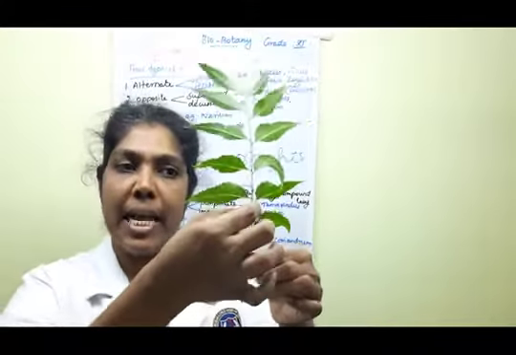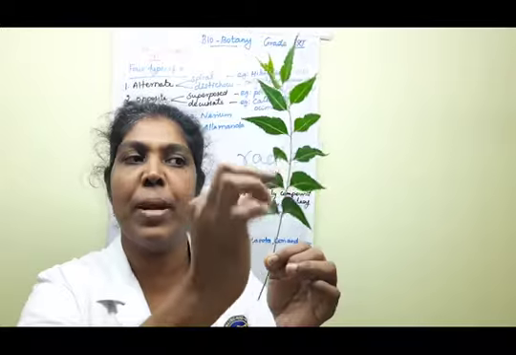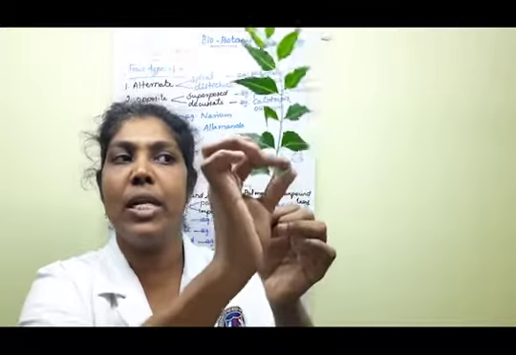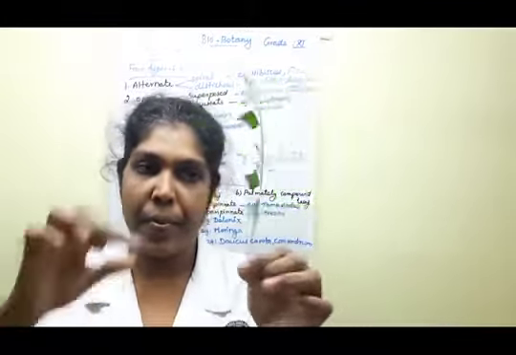Then some leaflets are present. These are small leaf lamina or leaf blade regions forming, and each individual segment is known as a leaflet. Understood? Say yes or no? Only one rachis with many leaflets, so we finalize it as a compound leaf.